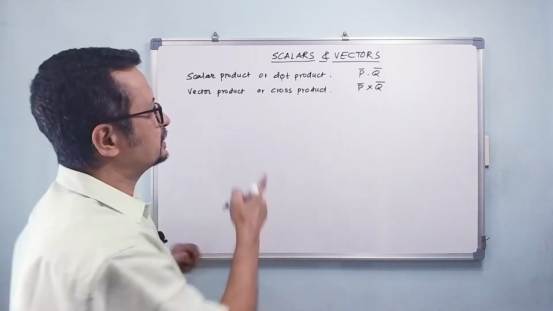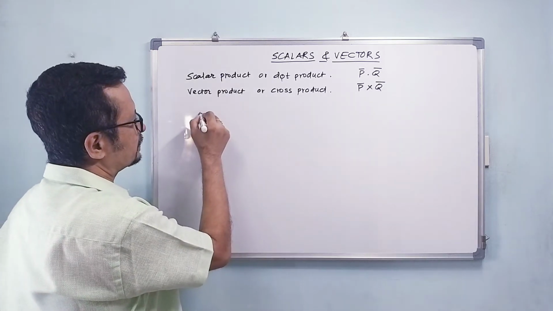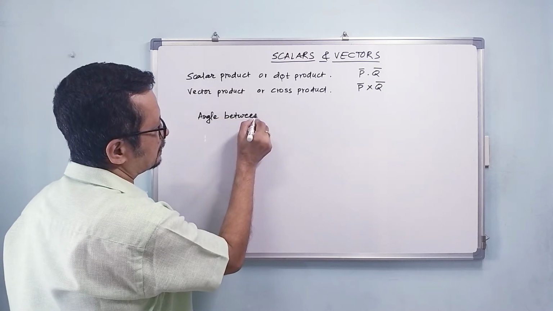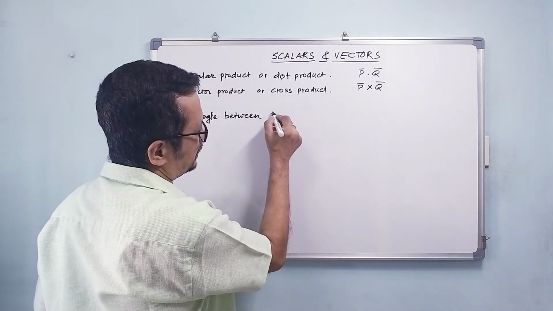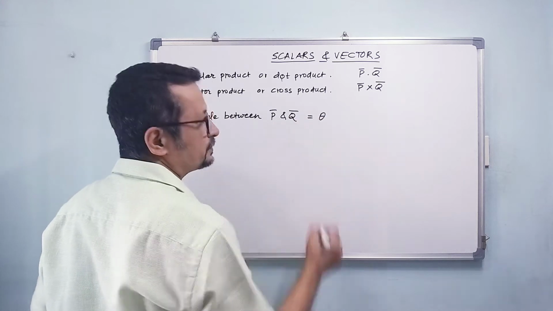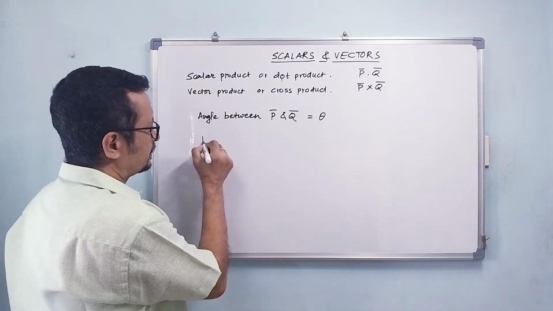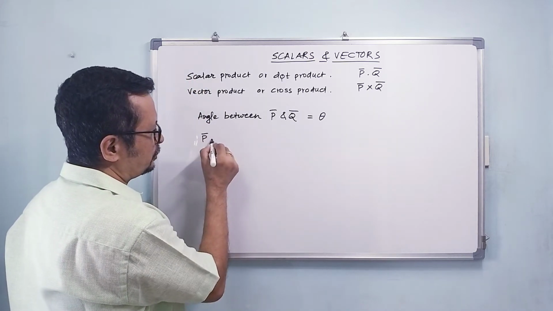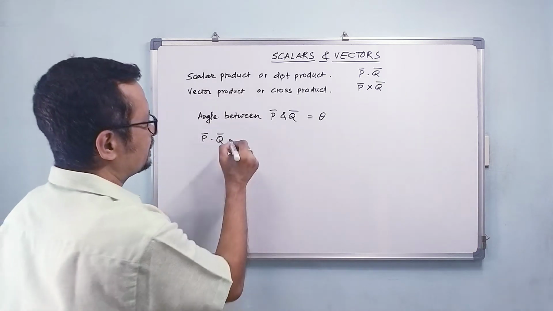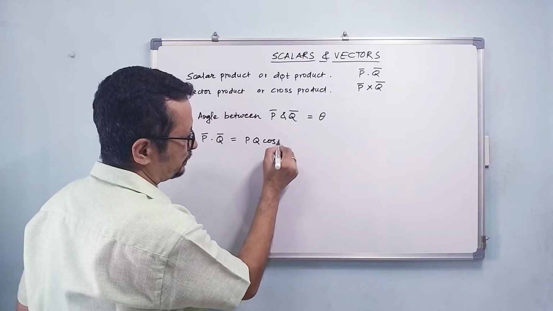I have two vectors p bar and q bar. The angle between the directions of p bar and q bar is theta. Then p bar dot q bar, the scalar product of p bar and q bar, is given by pq cos theta.